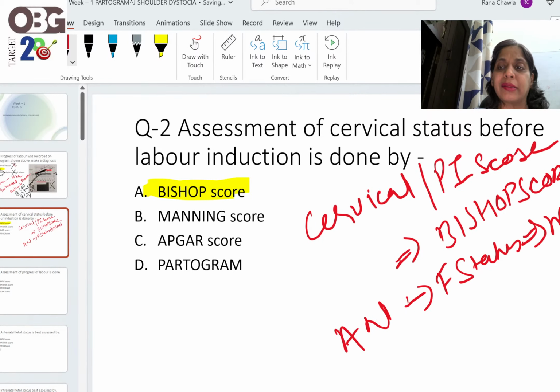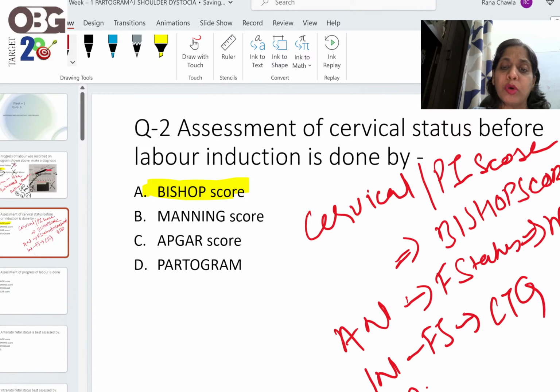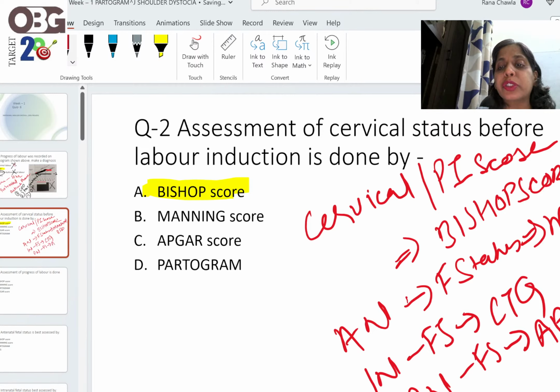What is another name of the Manning score? It is biophysical profile, BPP. Intranatal fetal status is given by CTG. Can you tell me postnatal fetal status is given by what score? It is given by Apgar score.